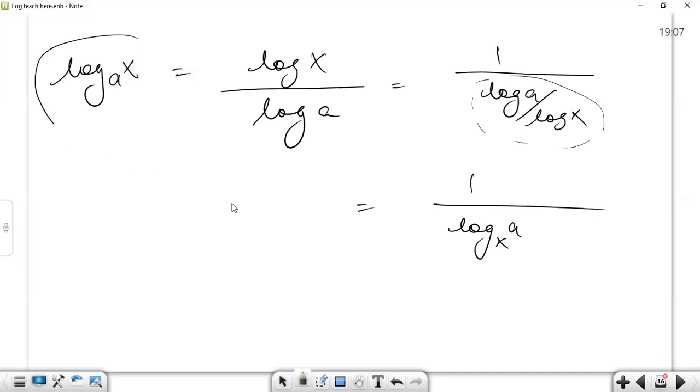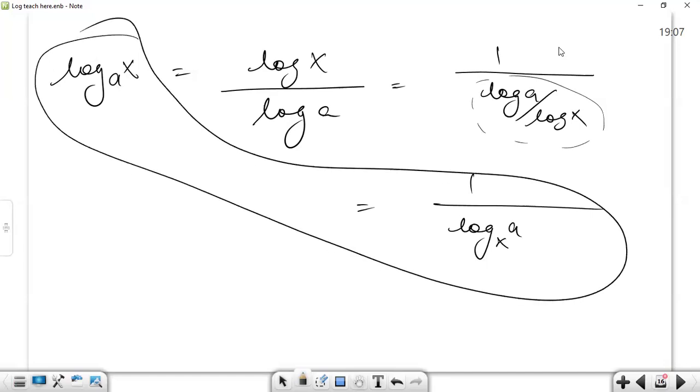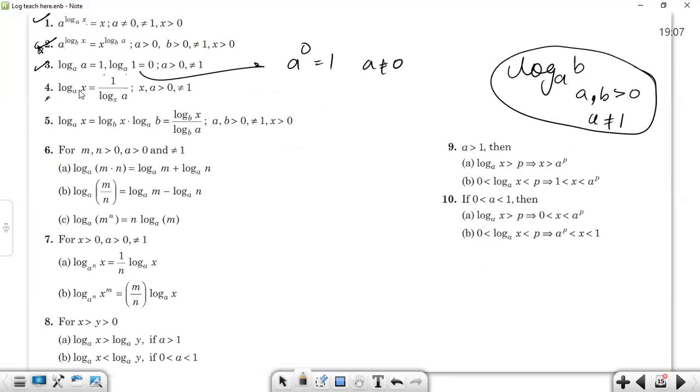Now this is the property where we have changed the base and brought the whole logarithm function into the denominator. Understood? This is very simple.